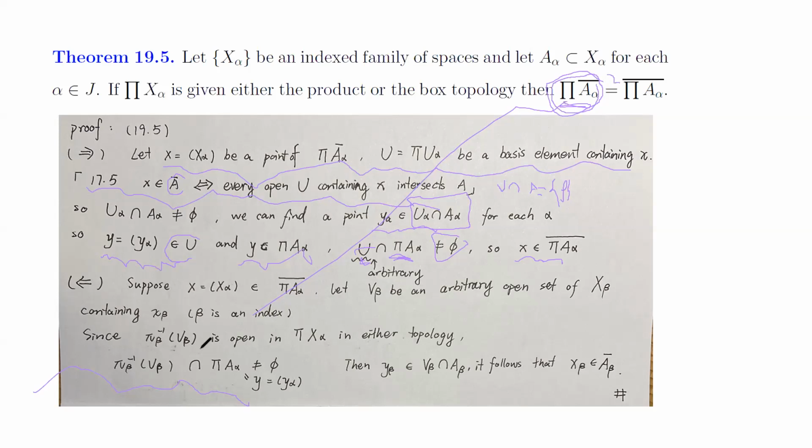And then the other direction is, assume X is in the closure of the product of A alpha, and let V beta be an arbitrary open set of X beta. This beta is just the name of the index. Since the inverse projection of V beta is open in the product of X alpha in either the box topology or the product topology, this whole intersection is not empty.